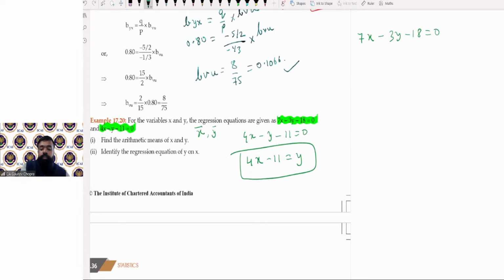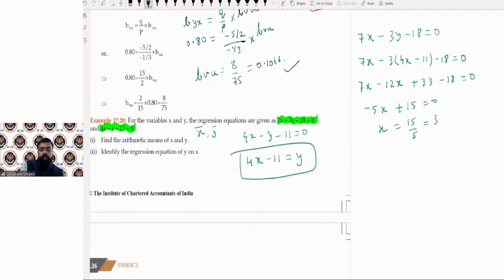From here you can substitute the value of y, so 7x minus 3 into (4x minus 11), so 7x minus 12x plus 33 and then minus 18. So you can get the value of x, that is 3. The value of x is 3.